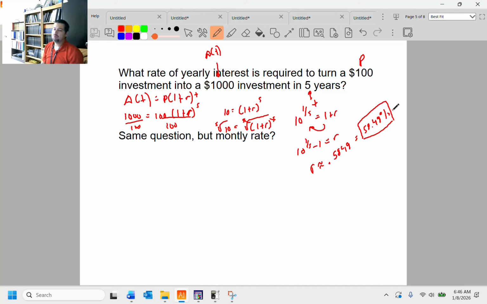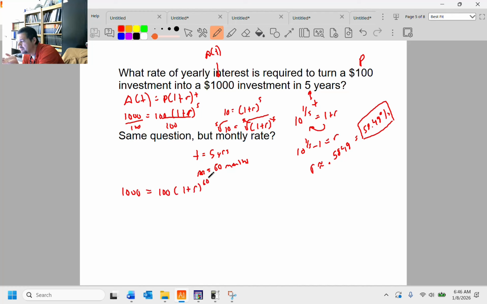All right, same question, but monthly rate. So the time here is 5 years still, but in months, that's 60 months, right? So it's going to be the same exact setup, except we're just going to replace the 5 with how many months there are in 5 years, which is 60. Still going to divide by 100.